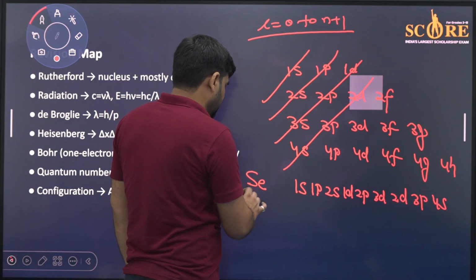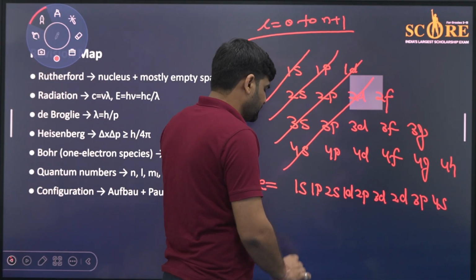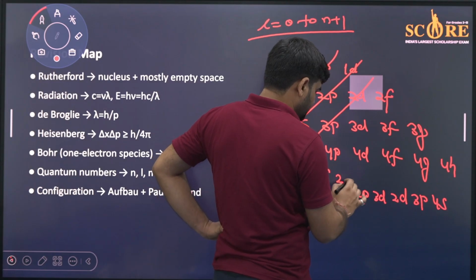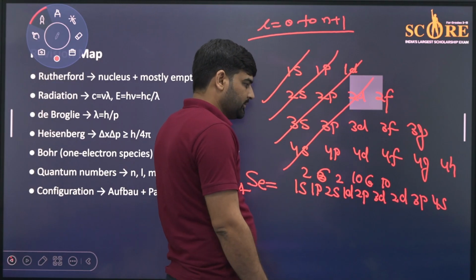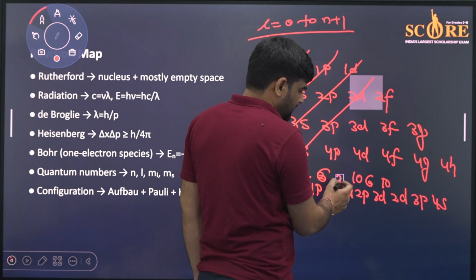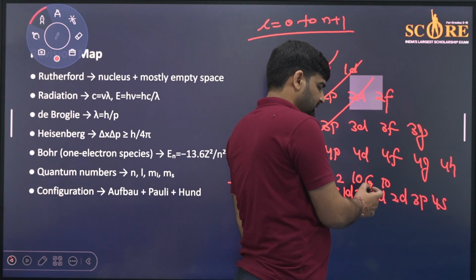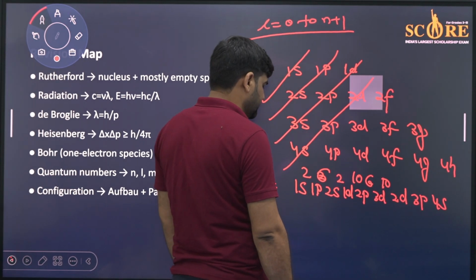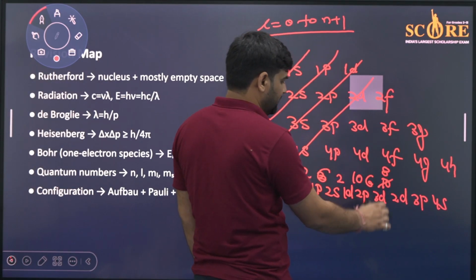Now we have to write the electronic configuration of 34 selenium. This will be 1s2, 2p6, this. What is the number of electrons till now? 2, 6, 8, 10, 20, 26, and this is 36, but you have to write only 34, so you have to write 8 here only.